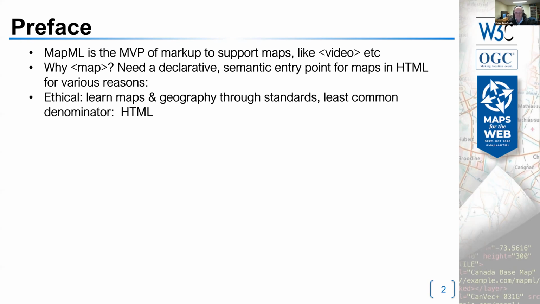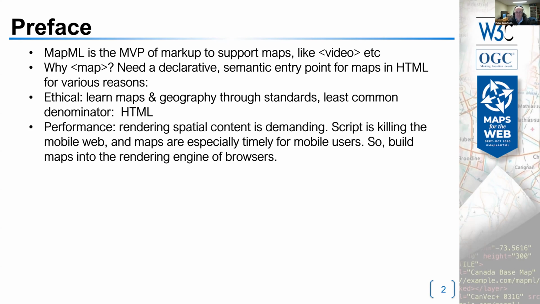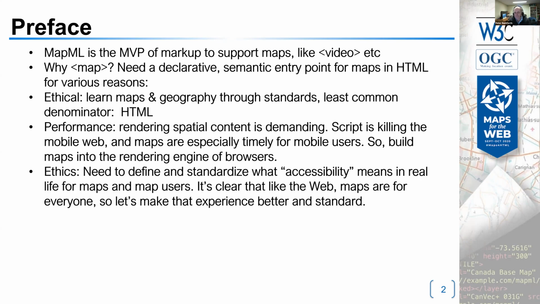Having made that decision, we need a map element to obtain more efficient rendering of spatial content. Next, we need to define and standardize what accessibility means for web maps and especially web map content.